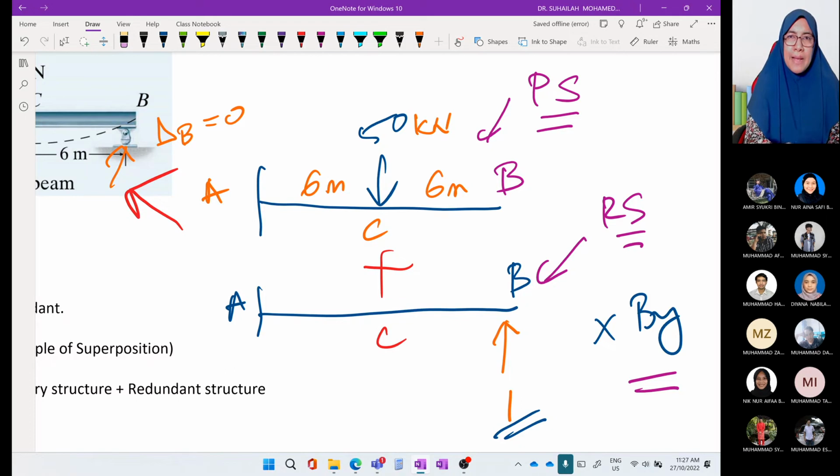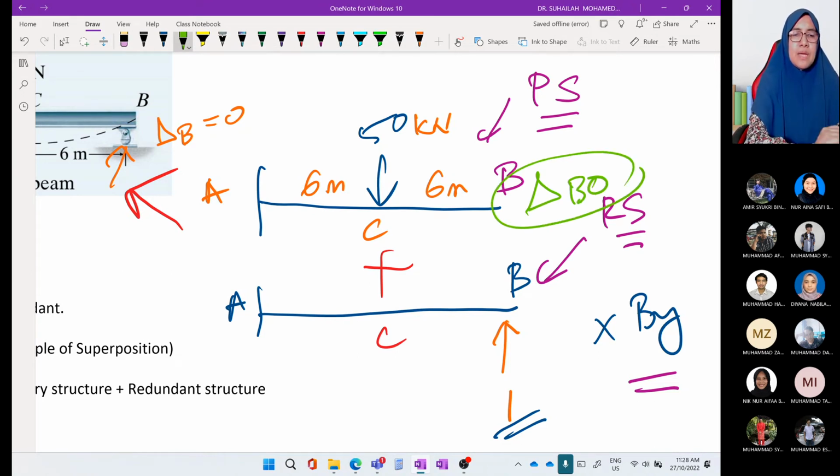Okay, so the compatibility equation we will write based on the displacement that is located at position B, the redundant position. In the primary beam we have what we call delta B naught, and in the redundant beam we have a vertical displacement we call FBB.